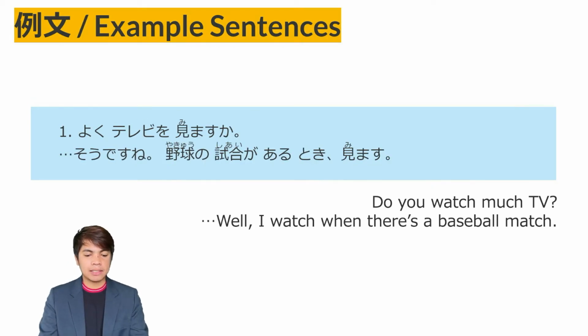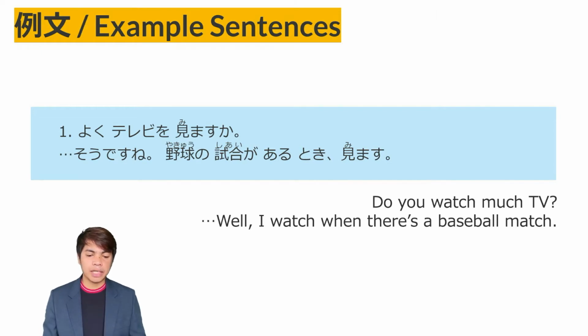Now let's read example sentences. Number 1. Yoku terebi o mimasu ka? Sō desu ne. Yakyū no shiai ga aru toki mimasu. The first sentence is asking, do you often watch TV? Then he answered, well, yakyū no shiai ga aru toki mimasu.